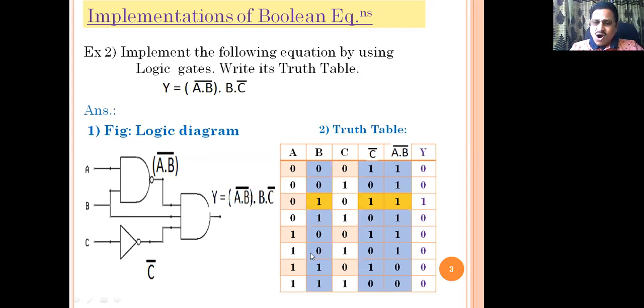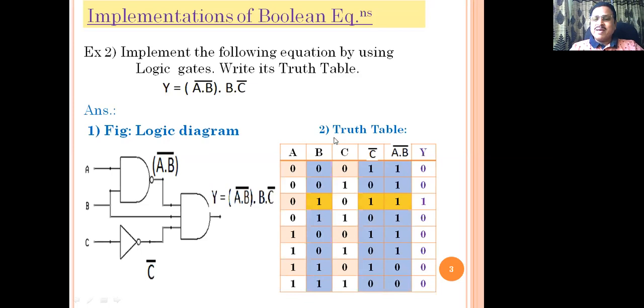Similarly, for the remaining combinations of B, C bar and (A and B)bar, either one input is 0 or more inputs are 0, so the output remains 0. Thus, we have got the resultant Y output for all possible combinations of ABC, beginning with all three 0 up to all three becoming 1.